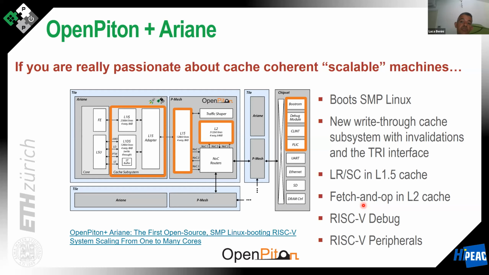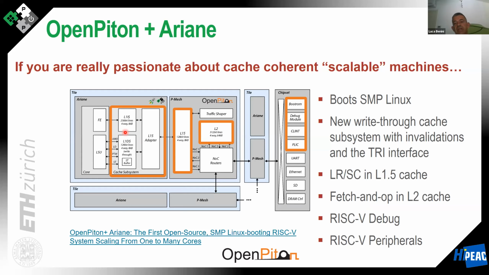OpenPiton is a research infrastructure for scalable multi-core and many-core accelerators, and Ariane is actually included in OpenPiton, embedded in OpenPiton, as you can see from this slide, with a cache-coherent interface.